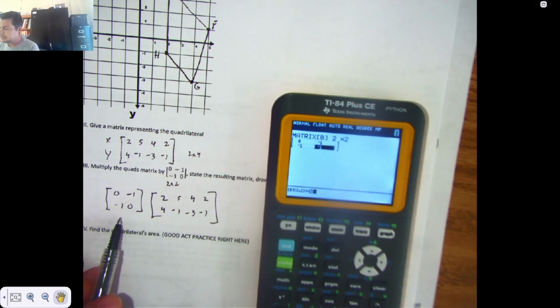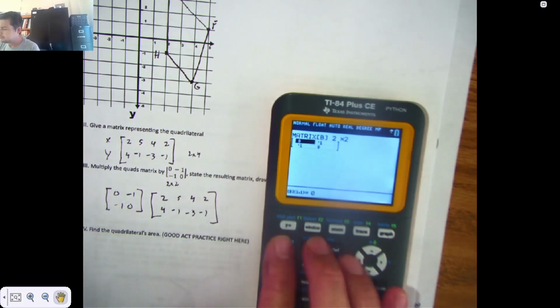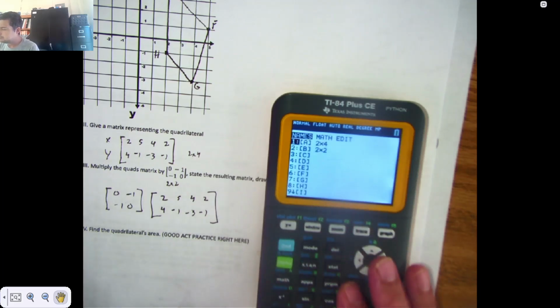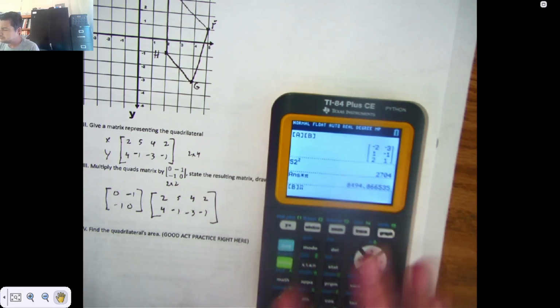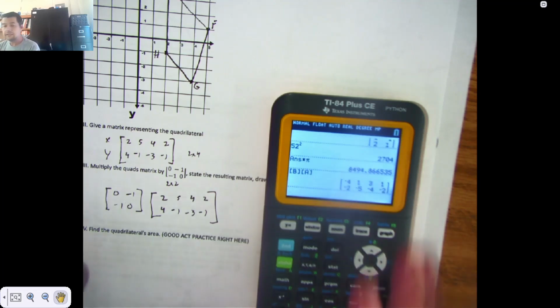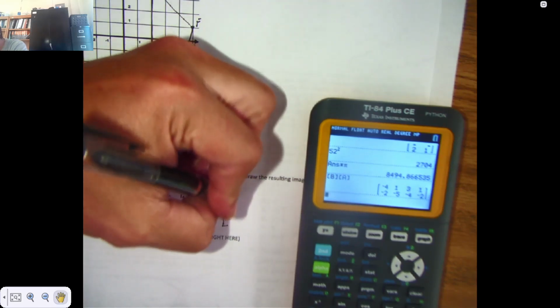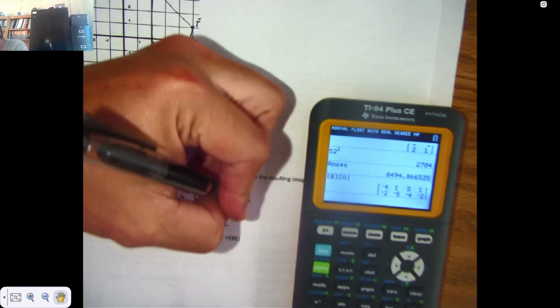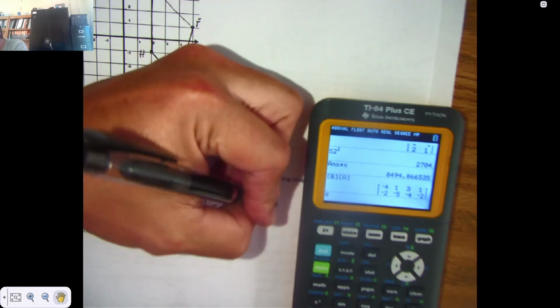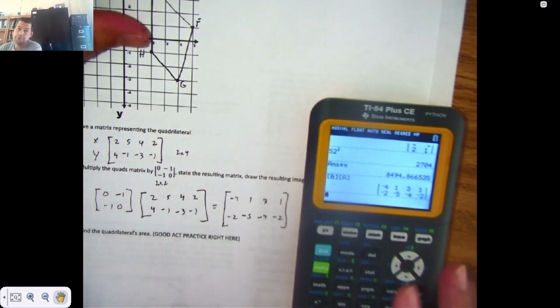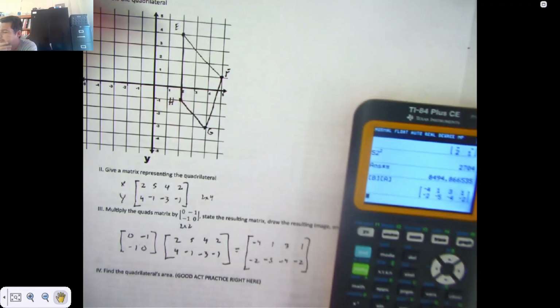So, I've got to do, in my case, B times A. And here's the result. So the result is pretty weird looking, isn't it?